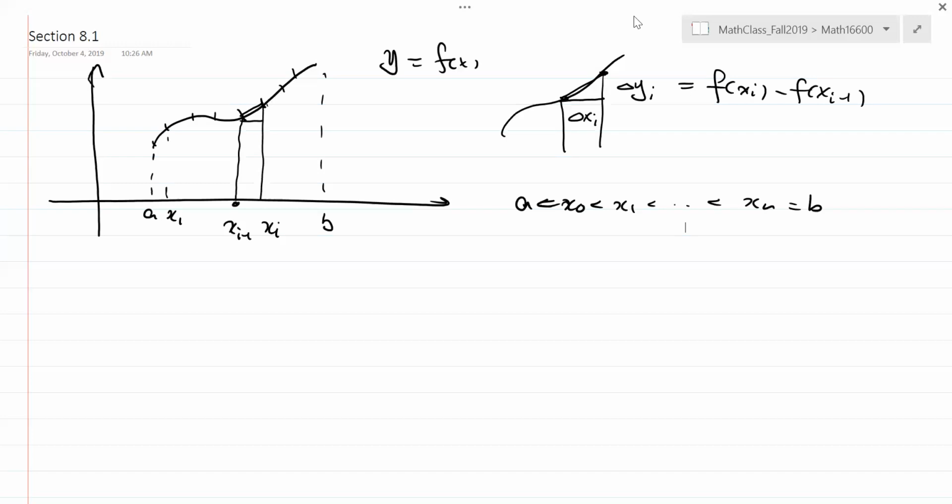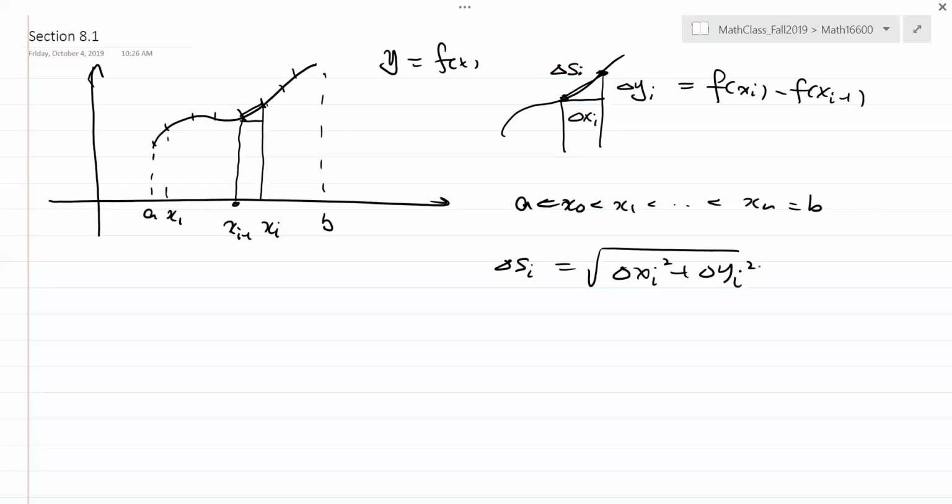The arc length of that piece, let me use a notation here, the distance between those two points, let's call it dsi, is going to be the square root of delta xi squared plus delta yi squared.